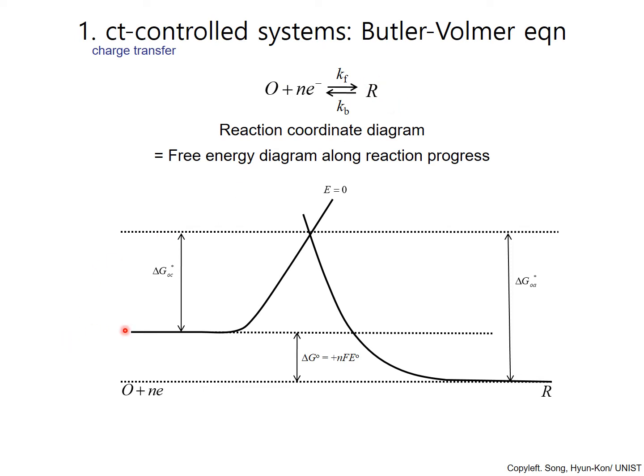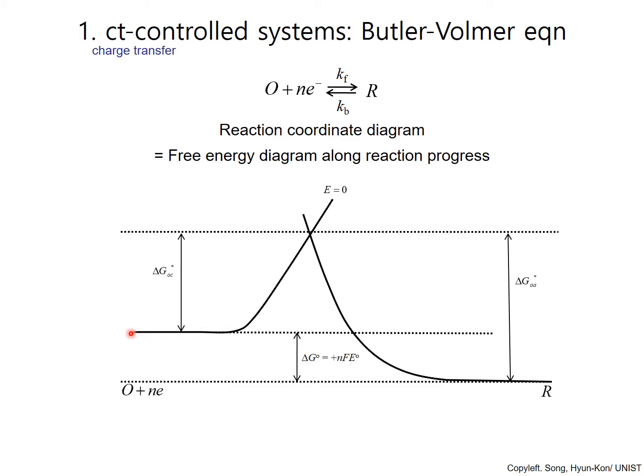We have two free energy curves here for the reaction coordinate diagram, and the first curve is responsible for the reactant, including oxidized species with electrons. The other curve is responsible for the product, the reduced species.